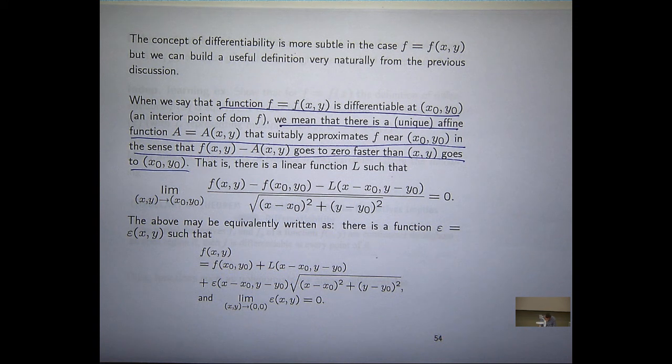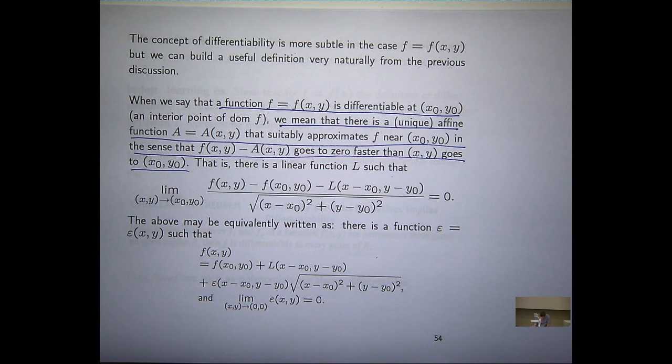When we say a function of two variables is differentiable at a point x naught, y naught, we just mean that there's a unique affine function, A, that suitably approximates f near the point of interest. Now that approximation, again, is first degree approximation or linear approximation.